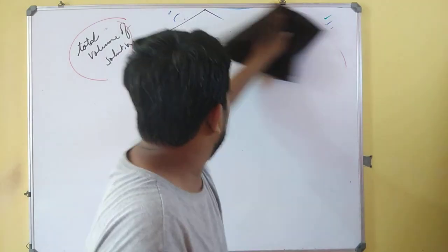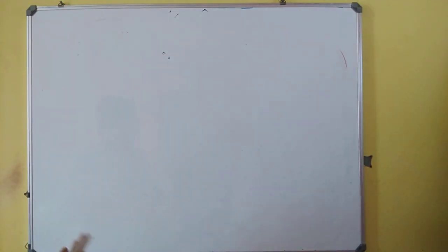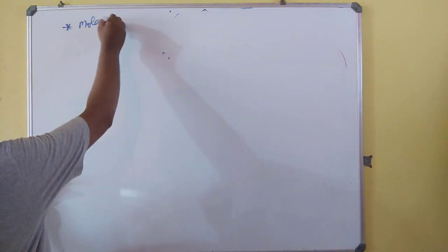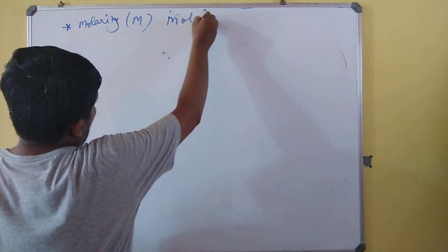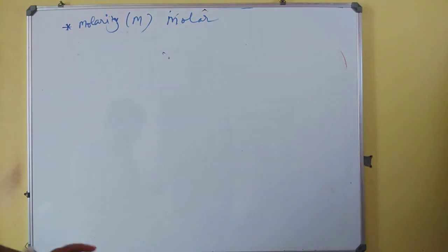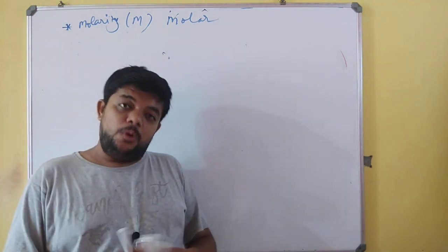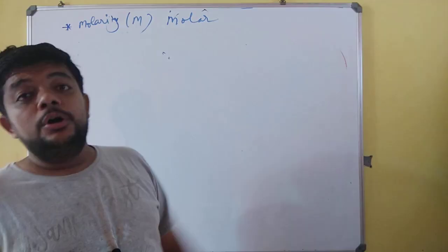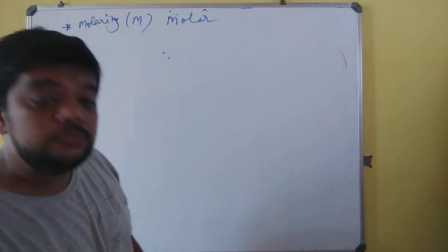So let us move ahead now by taking the concept of molar, that is molarity, capital M. Molarity is written as molar solution. Over here, the solute is to be dissolved in a specific solvent to make up to a total volume of solution.